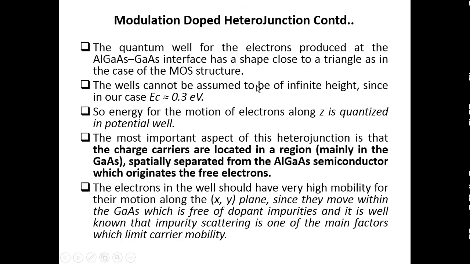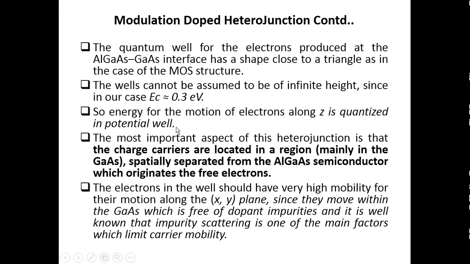The wells cannot be assumed to be of infinite height, since in our case delta EC is approximately 0.3 electron volt. I told you already from the Anderson formula. We have already discussed that. So the energy for the motion of electrons along Z is quantized in the potential well.